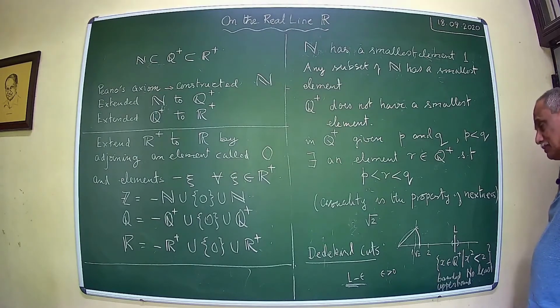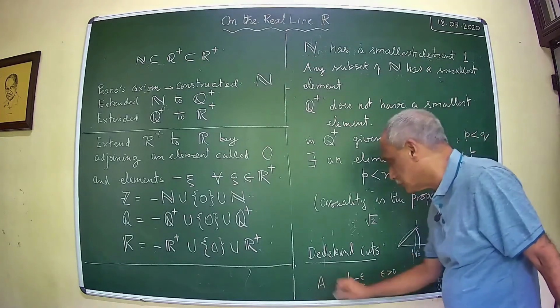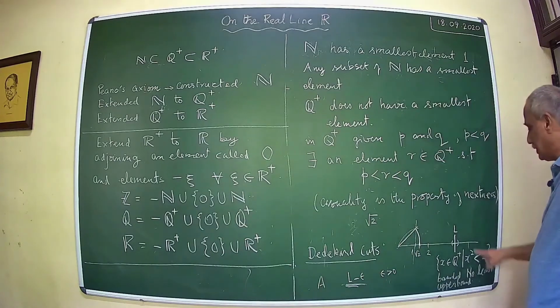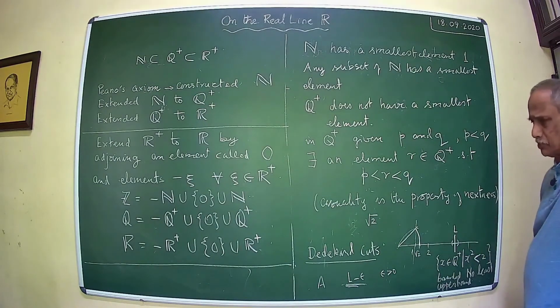Okay. What does it mean? Suppose A is the given set and L is the least upper bound. It's a bounded set and L is the least upper bound.